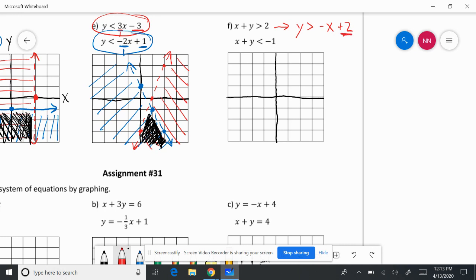Y-intercept is 2, so I plot a point at 2. My slope is -1, which is -1 over 1, meaning I go down 1 to the right 1. To make sure my line is straight, I go down 1 to the right 1 again. This right here is a dashed line. And since it's greater than, I'm going to shade above.